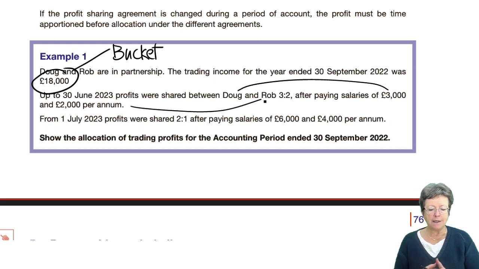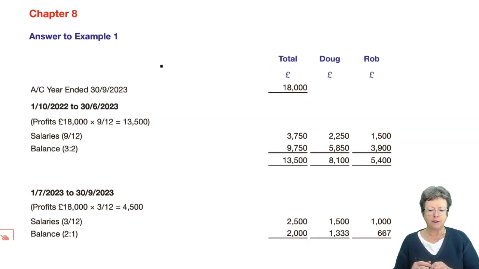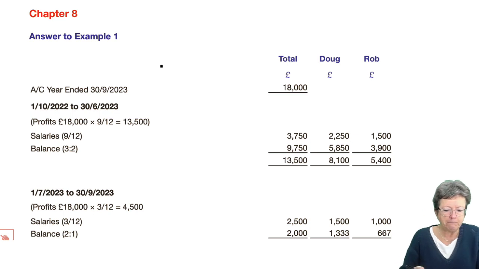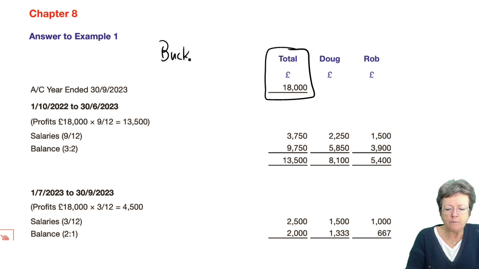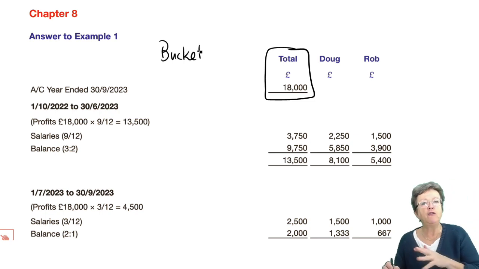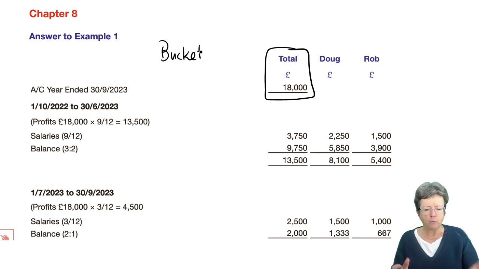So we've got to allocate those profits for the accounting period ended the 30th of September. Let me show you how that looks in an answer. First things first, we need to show quite clearly. Now, please don't use the word bucket in your answer. It's just an illustration to help you to grasp what we're on about.